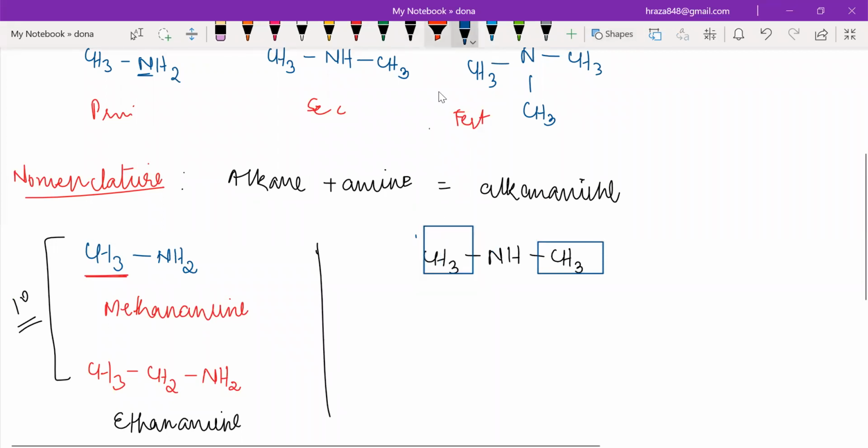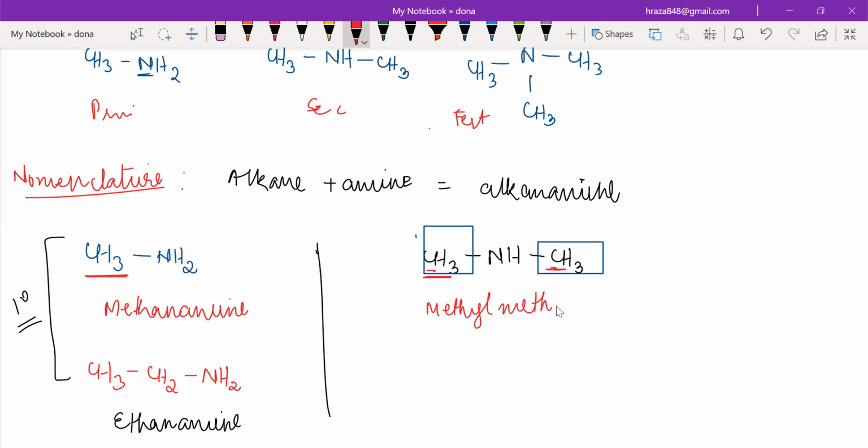So you have to take one of them as main parent chain, and since both alkyl groups have the same number of carbon, you can take any one of them as substituent and any one of them as parent chain. So I'm going to take this as a substituent. So one carbon as a substituent, name is methyl, and this is your main parent chain, methyl methanamine. Are you getting my point?